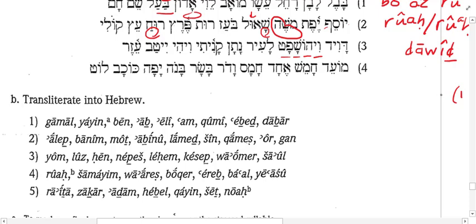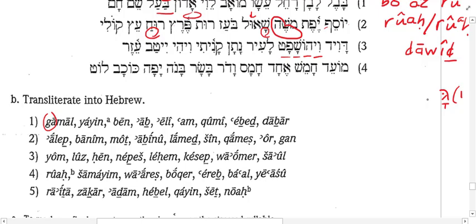So we have gamal. Gamal begins with a gimel. Notice that the G, the gimel, is a begad kefat letter. There is no line under it, so minus line means plus dot. This is indicating that the G was a stop. G, g, g. And now I have a qamets, an A with a line over it is a long A, which looks like a T symbol under the gimel.